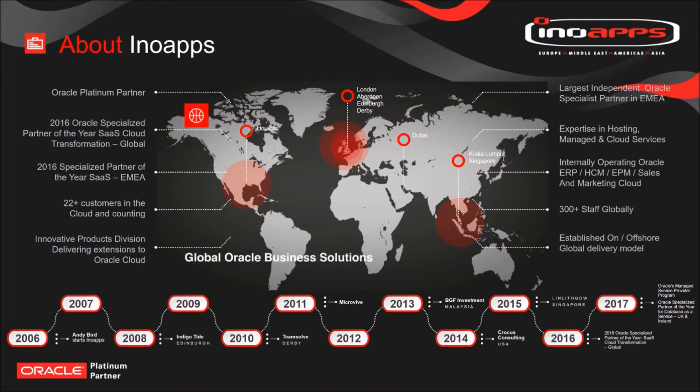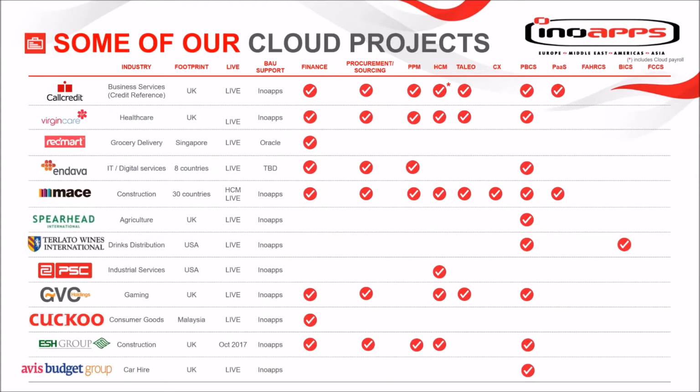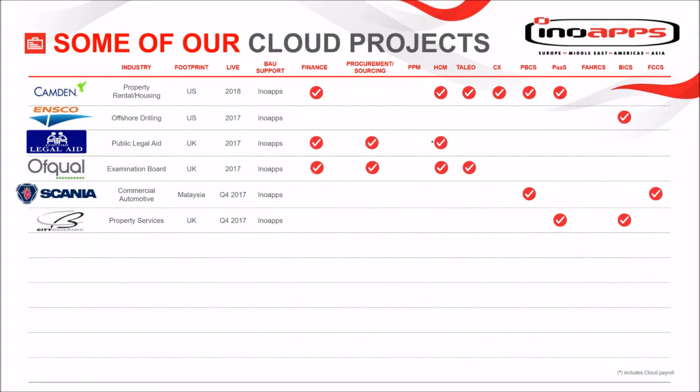We have lots of experience, lots of projects, a few of which are on your screen now. I'm not going to go through all of them, but there are numerous projects where we've implemented and got live customers using pillars of the cloud solutions, such as finance, HCM, procurement, sourcing, and also solutions built in PBCS, which is new terminology for one of the members of the Hyperion product set that's now cloud-based.